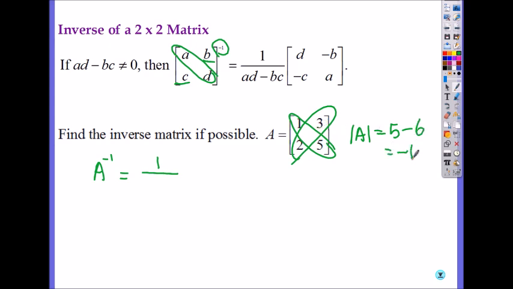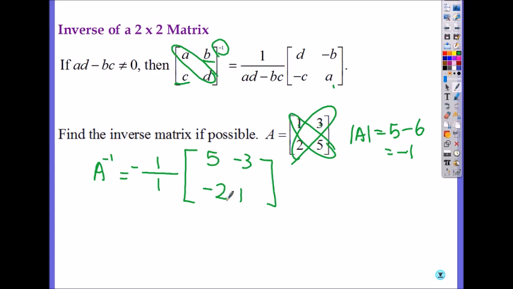So 1 over -1 is just -1, times, what do we do with A and D? You flip them. So now here's 5, here's 1. What do you do with B and C? You make them opposite. So 3 becomes -3, 2 becomes -2.